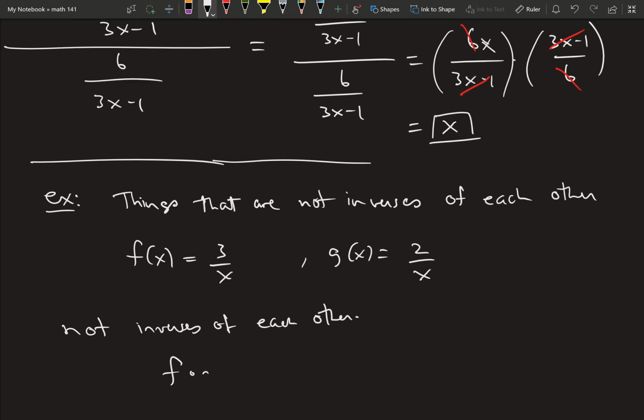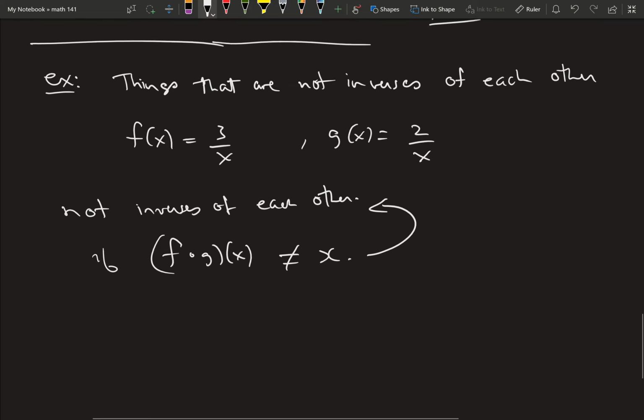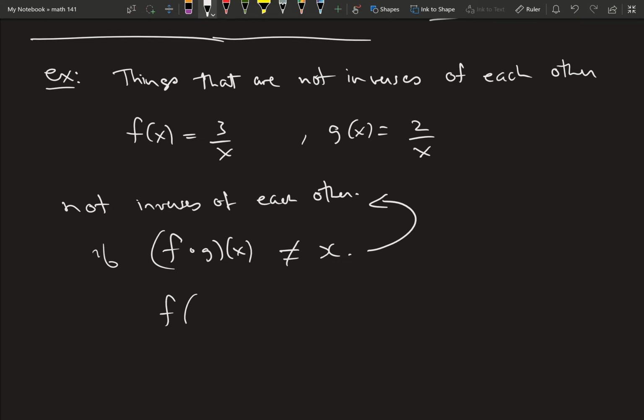How do we check? Let's take f composed with g of x. So if this is not equal to x, then they're not inverses of each other, right? Because that's one of the defining properties. So let's take f of g of x, which is 3 over g of x. If that's not equal to x, then they're not inverses of each other.